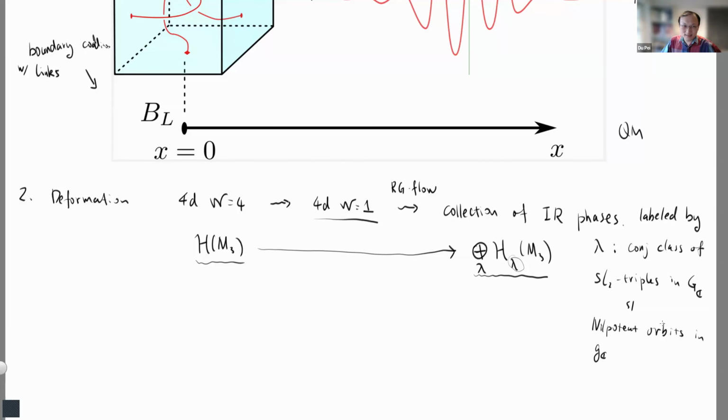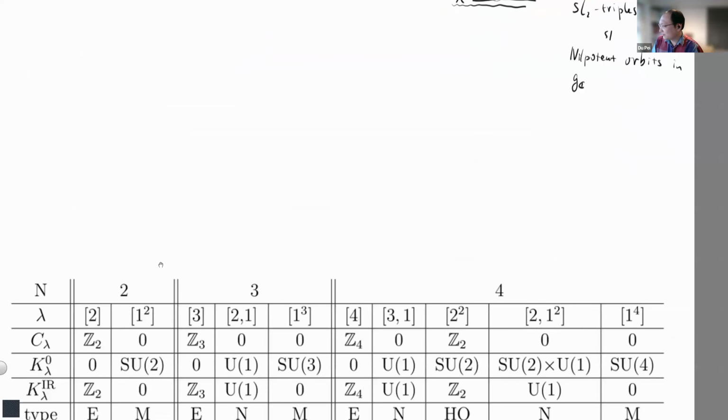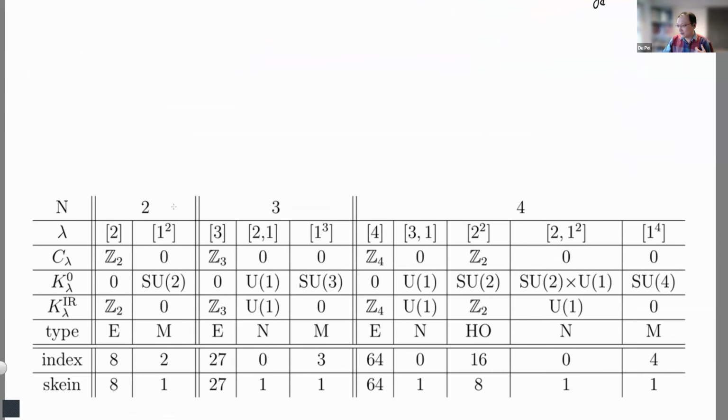And these are familiar objects for representation theorists. And then we just need to understand this for individual lambda. So to have some concrete example, let's look at this table.